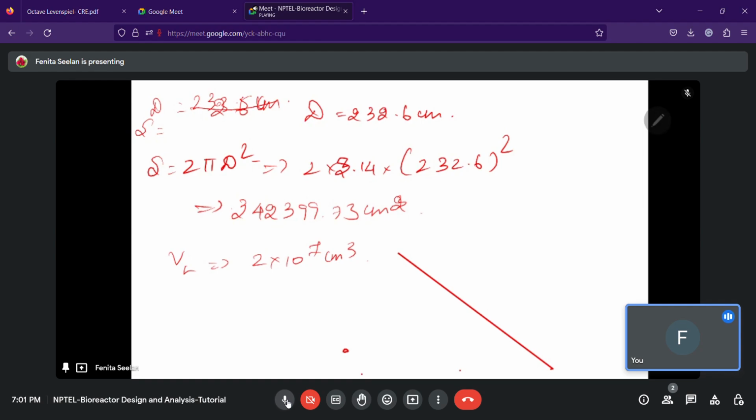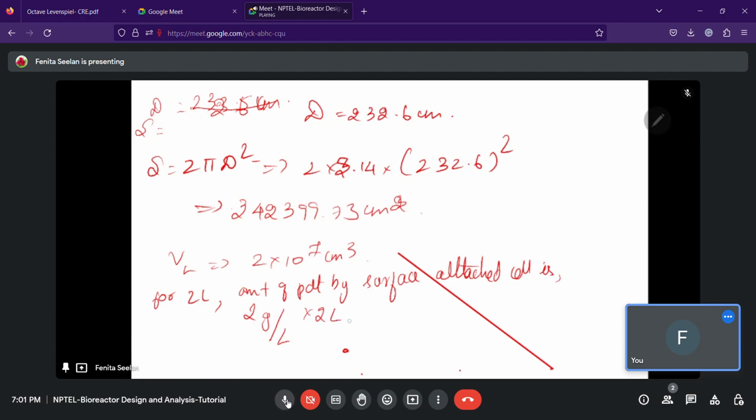So for the 2-liter reactor, the amount of product made by your surface attached cell is the amount of product by surface attached cell. It is your productivity, 2 gram per liter into your 2 liter.